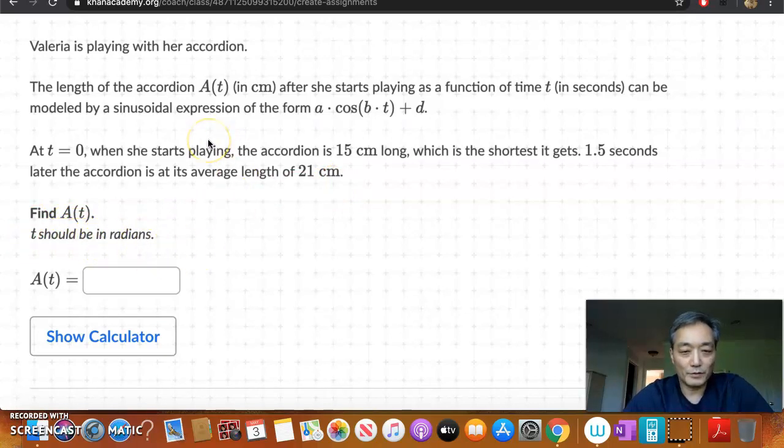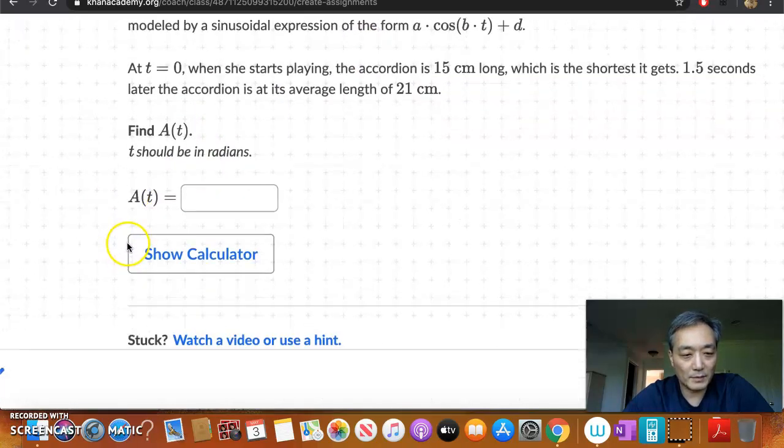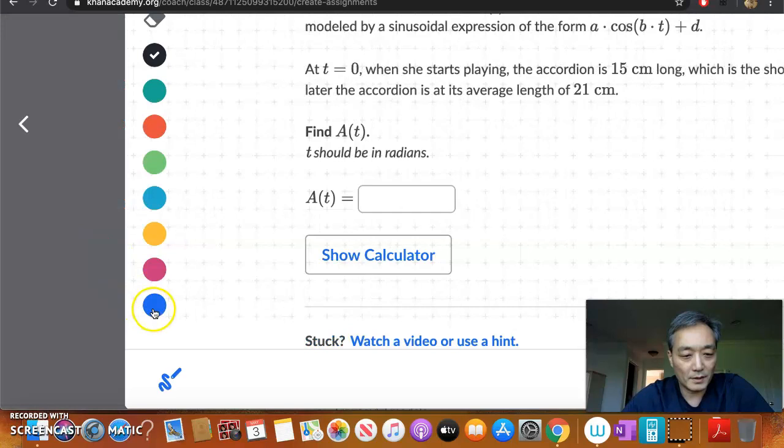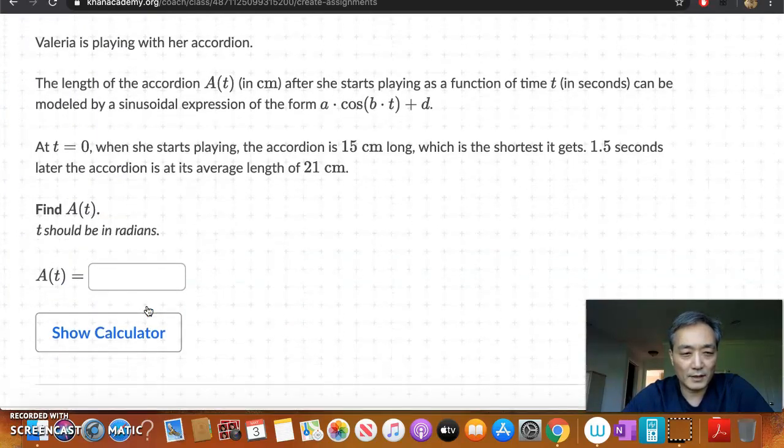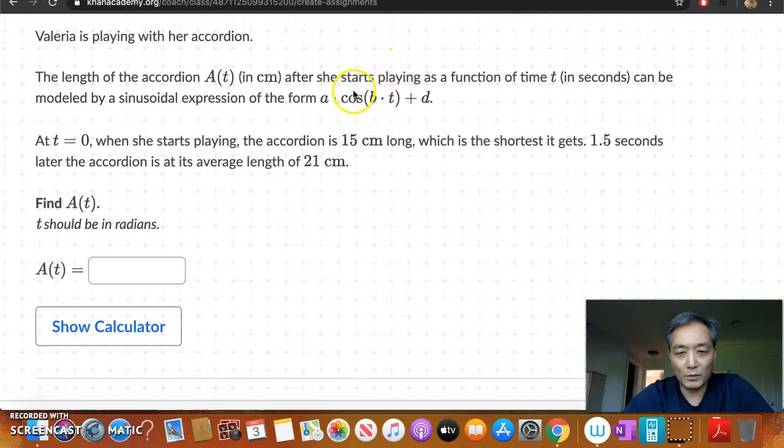Okay, so the first thing we want to look at is, what's the important information here? So let's pinpoint that. I'm going to select blue. Definitely it says here that A of t is in centimeters. That seems pretty important. T is in seconds. And then we're given this function A times cosine of B times t plus d.